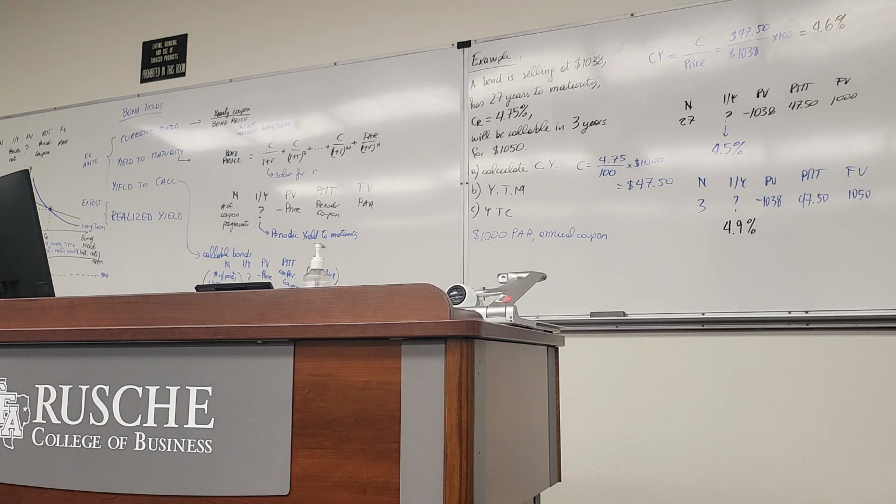You're still paying 1038 for the bond, but now each of those yearly coupons is split into 2 halves, and so the 4750 is now half of that. So this is 4750 divided by 2, which is 2375. And when the bond matures, you still get the par.